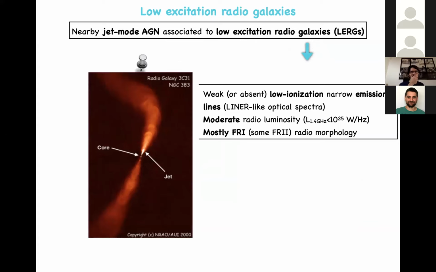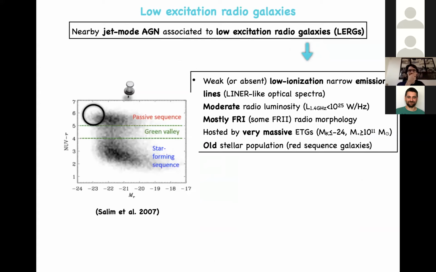They are typically hosted by very massive early type galaxies with an old stellar population. So these objects typically occupy the high mass tip of the passive sequence in the optical color magnitude diagram shown here on the left.